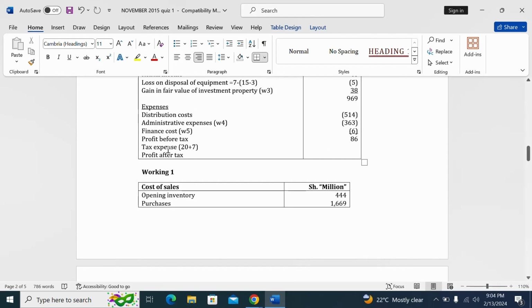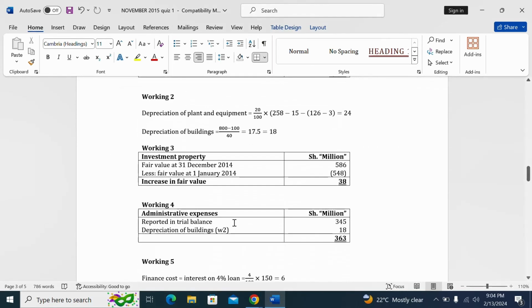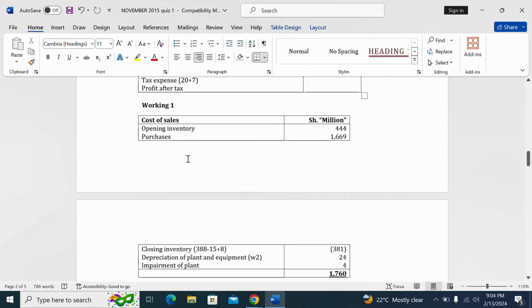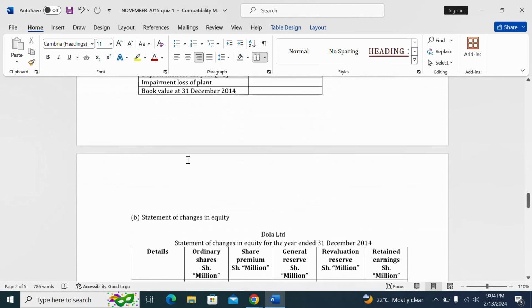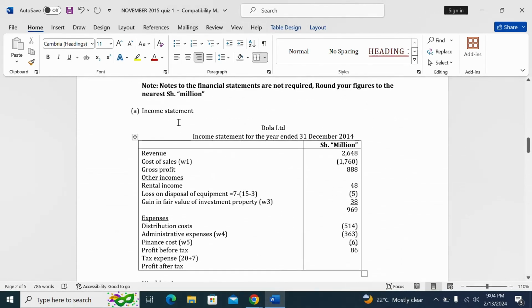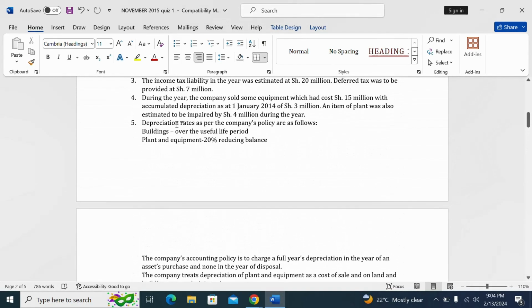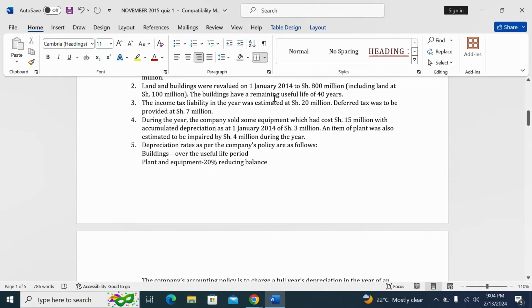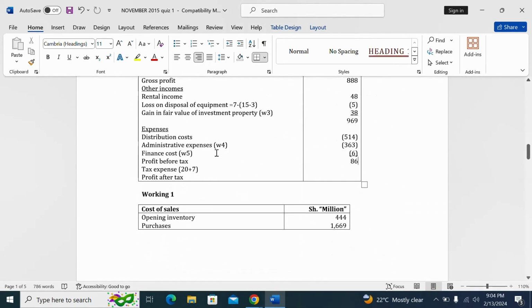Then we have our tax expense. That one we had discussed as we were doing the additional information number 3, that is 20 million plus 7. The total is 27.